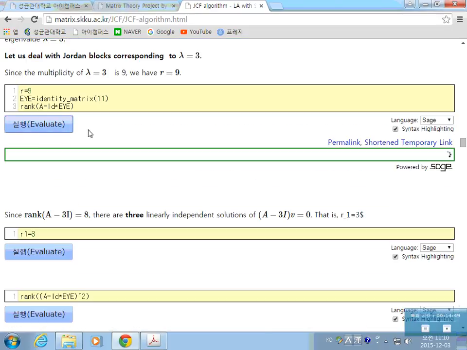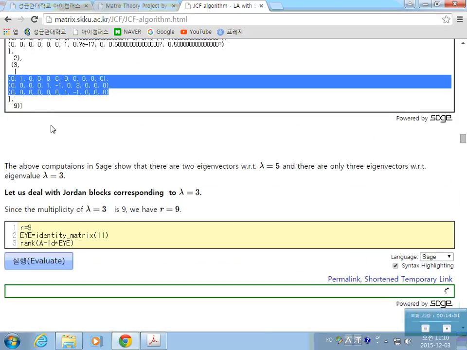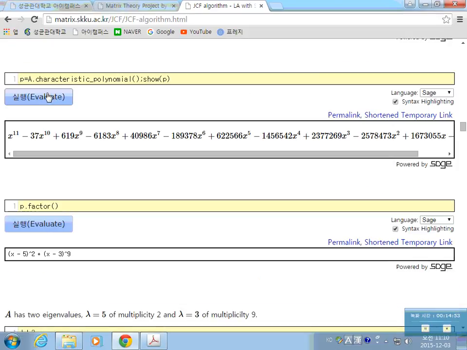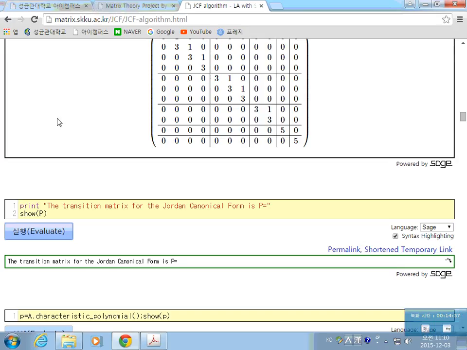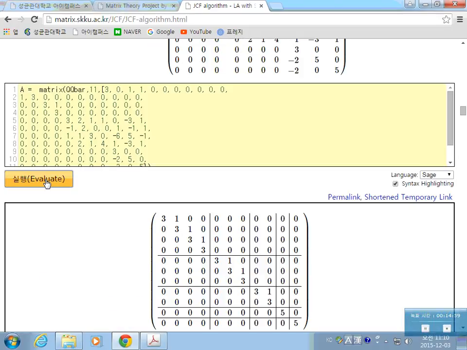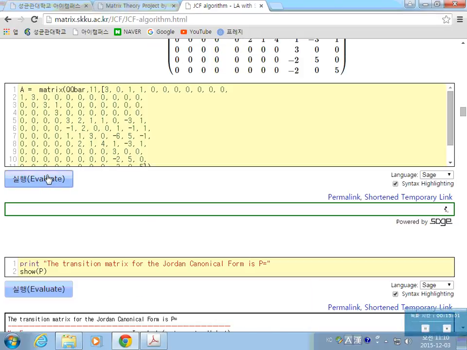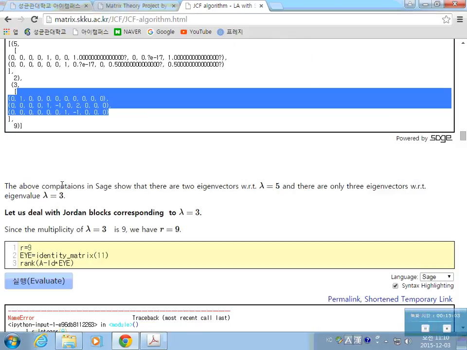So find the rank of this matrix. Okay, since this takes some time, we need a matrix here. Then we can start.